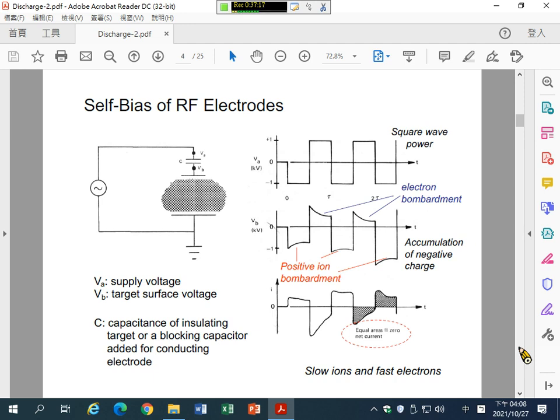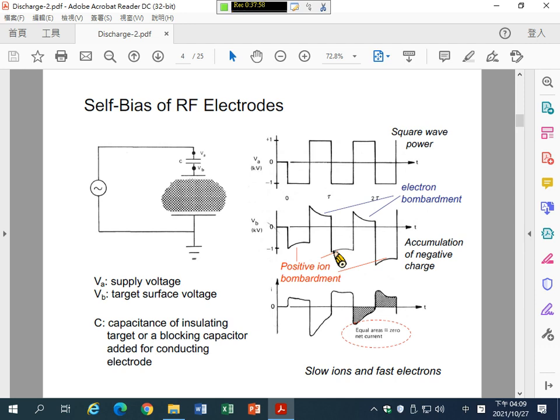So the potential of the top electrode might change from 1200 volts and then drop to maybe less than 400 volts. And then at this point, the polarity of the RF output changes again, so that the potential of the electrode changes from 400 volts to minus 1600 volts.